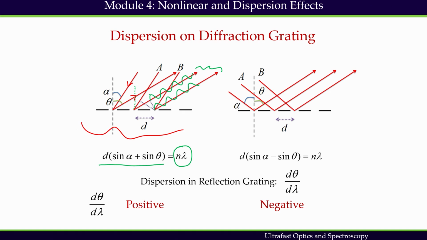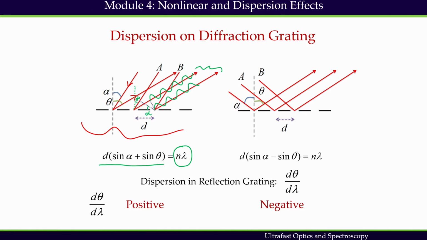We know that this angle is alpha. If this angle is alpha, then this angle is going to be 90 degree minus alpha. So this angle is going to be now alpha.